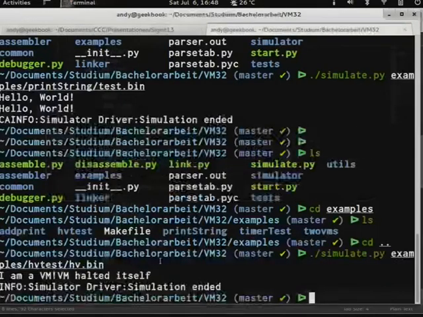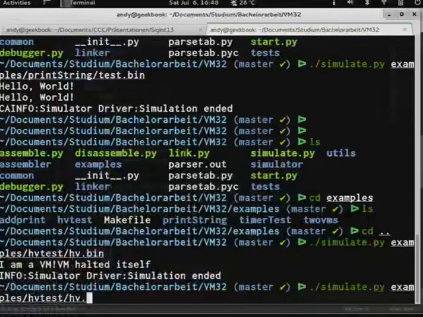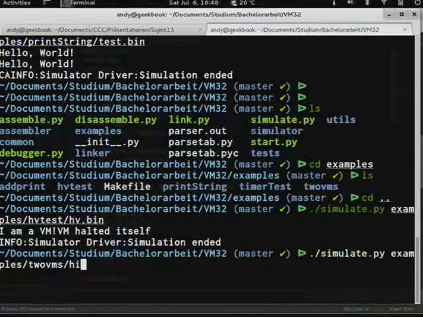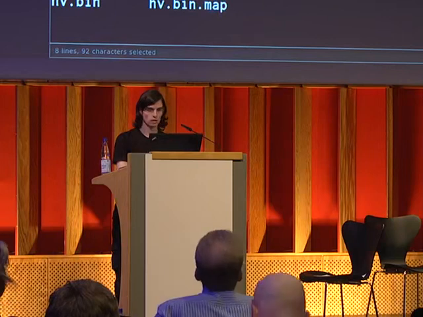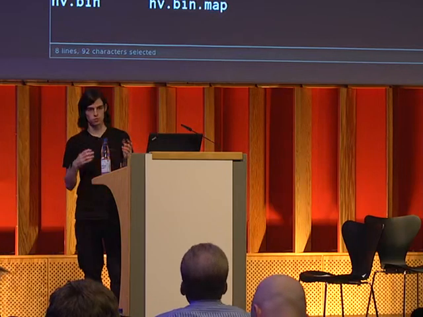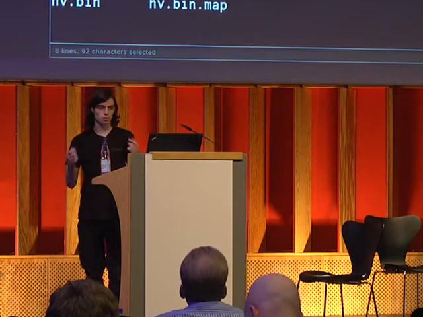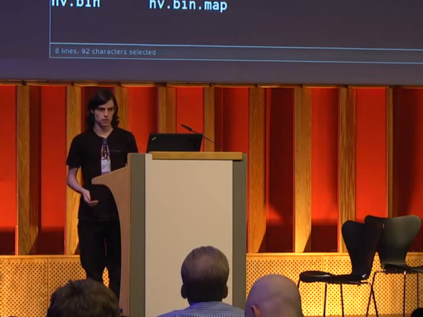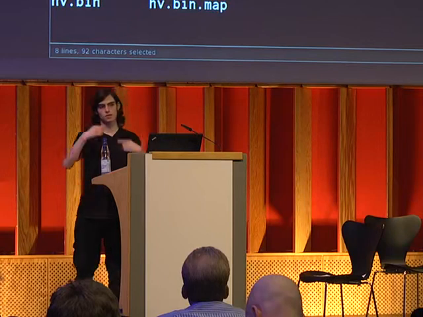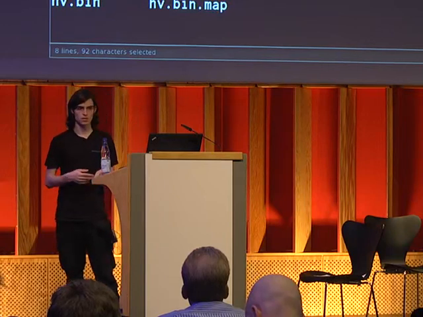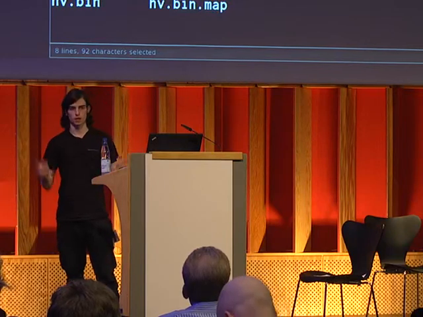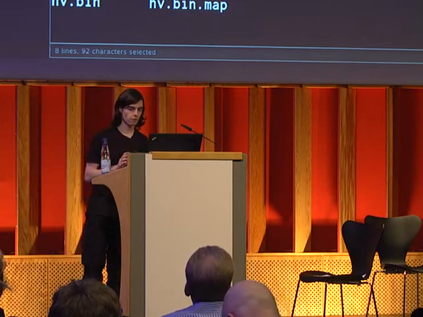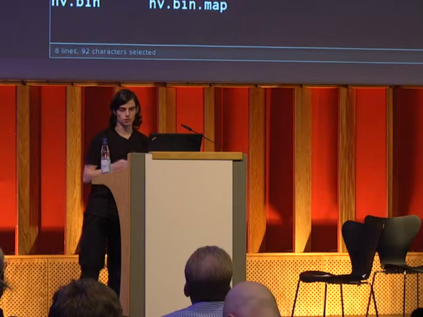So another demo. I have this two VMs demo, and what's going to happen is that two VMs are going to be started, and they both print I am a VM, or VM1 started and VM2 started. And what you will see is that these letters are completely intermixed because the scheduling already happens, and there is about time for four or five character prints between each tick.